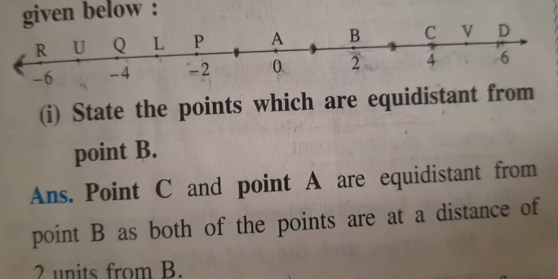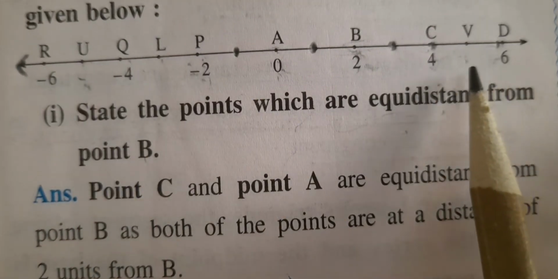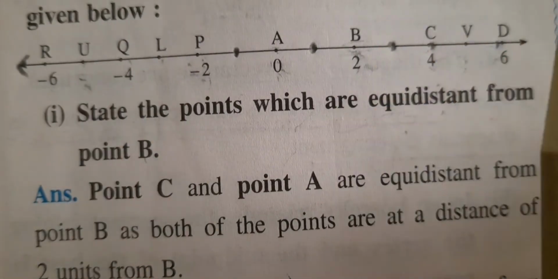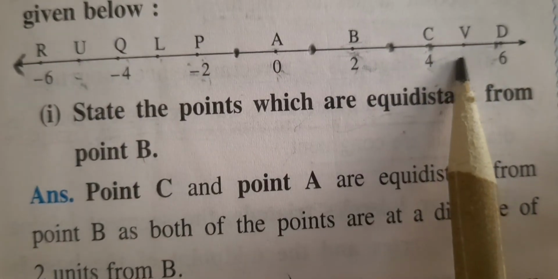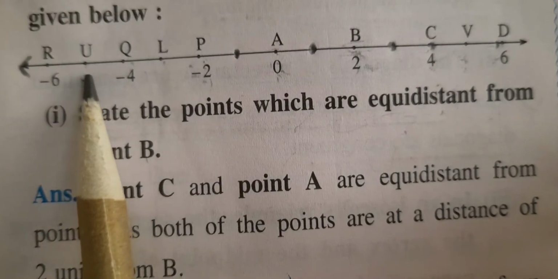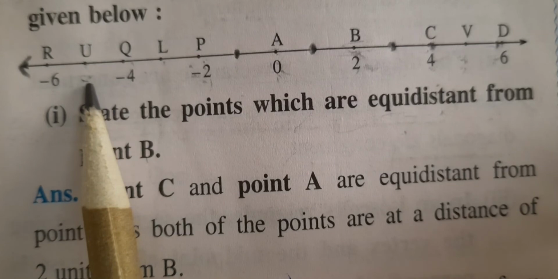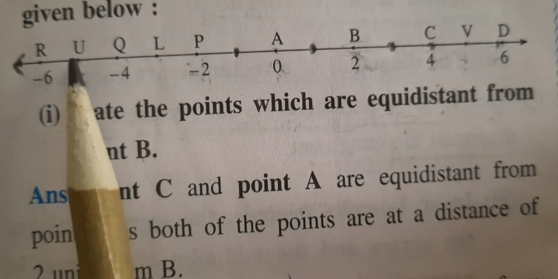Therefore, out of these 2 coordinates, minus 5 and plus 5, which will be the greater coordinate? The one which is on the right hand side is always greater than the one which is on the left hand side. So 5 is greater than minus 5. So how will we find distance UV now?